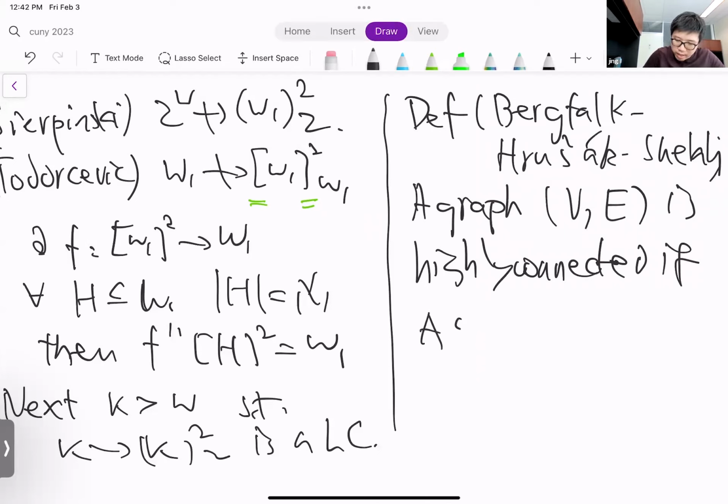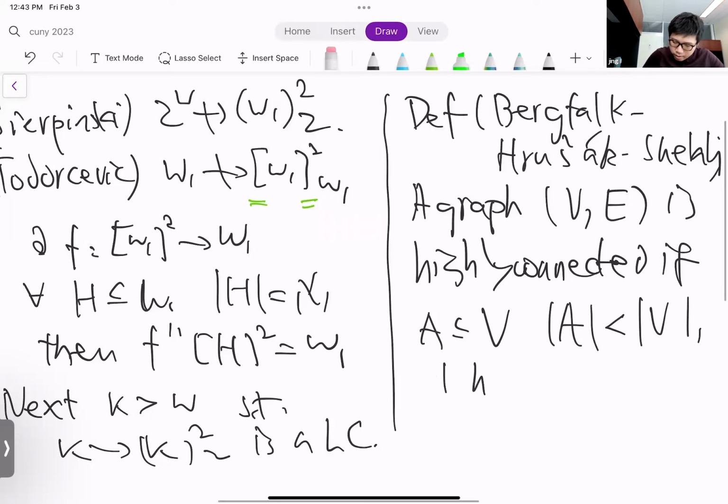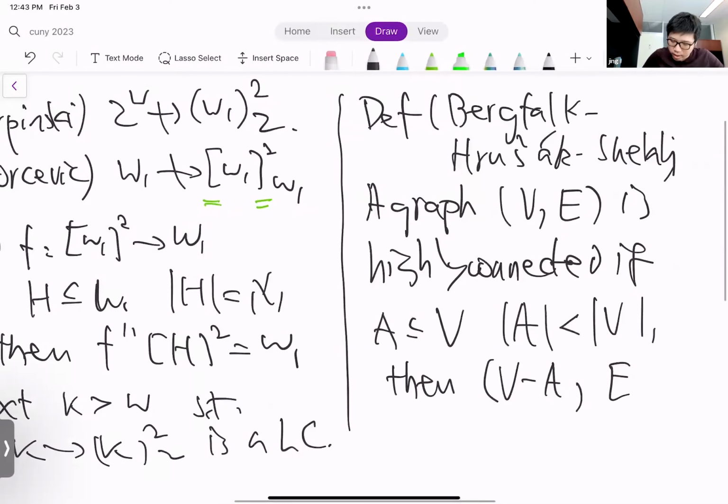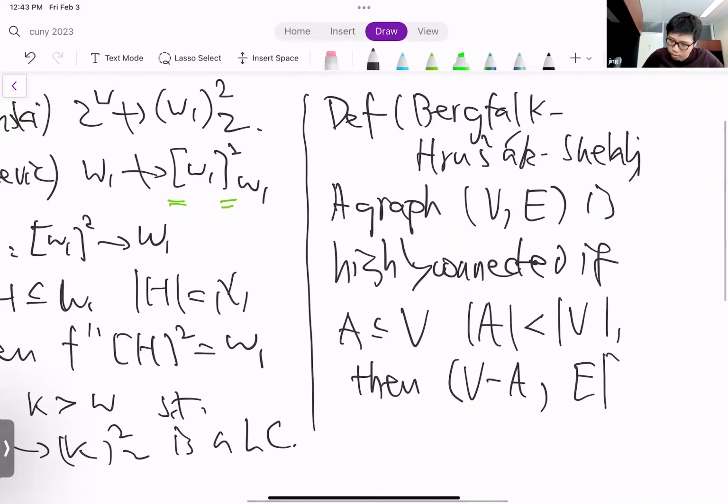If you're given any subset of the vertices such that the collection of the subset you're given has cardinality strictly less than the size of the graph, then if you remove this collection of vertices, the rest of the graph is still connected. The set of edges should be restricted to the remaining vertices.